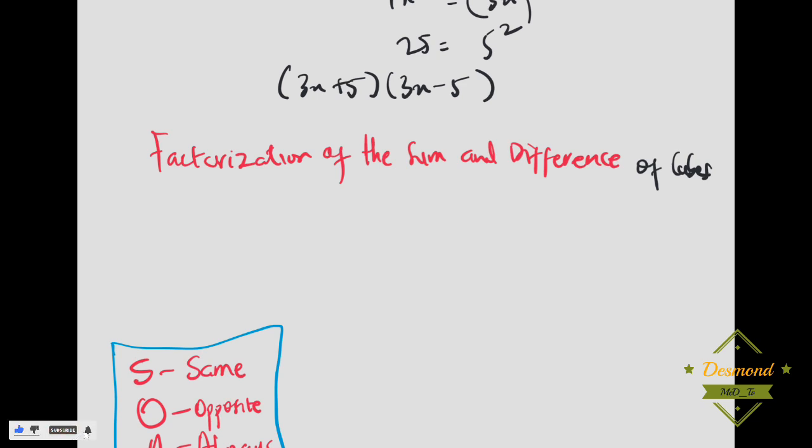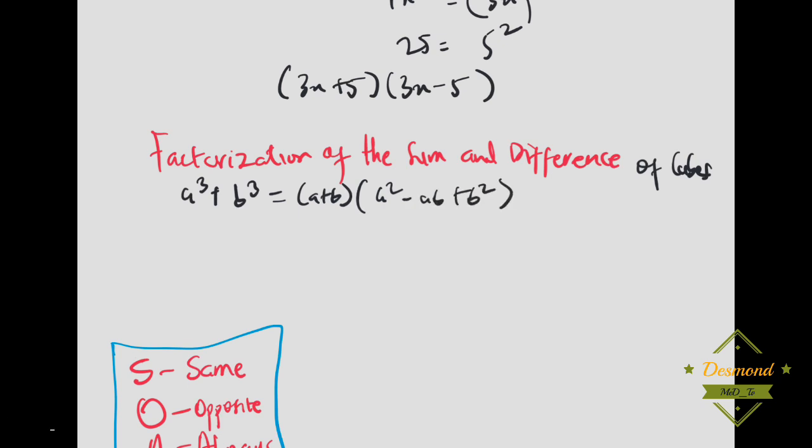Although the sum of squares cannot be factored, the sum of cubes can be factored into a binomial and a trinomial. If you have a cubed plus b cubed, this can be factored as a plus b multiplying a squared minus ab plus b squared.